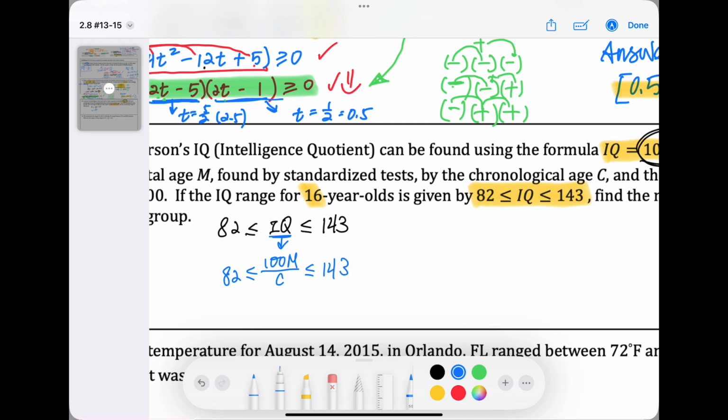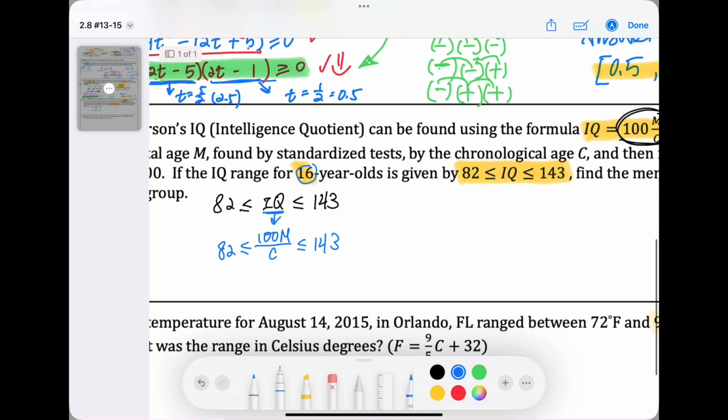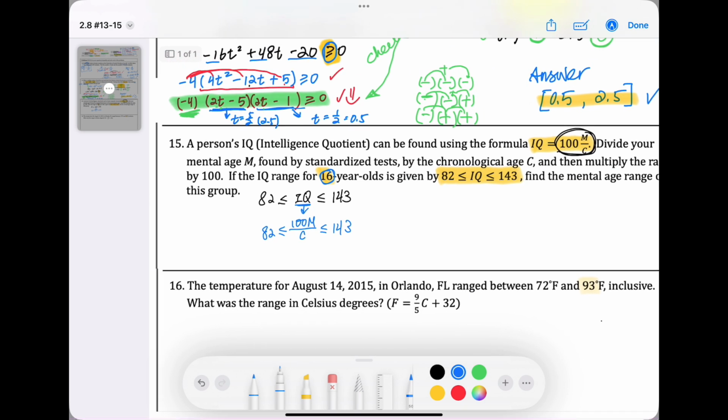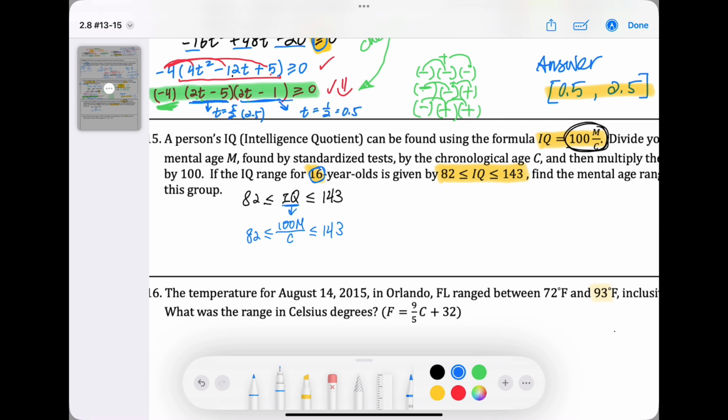What else do we know? We know 16 is my C value, because that will be the chronological age, right? So therefore, I'm going to plug in C, which tells me I got 82 is less than or equal to 100m over 16, less than or equal to 143.